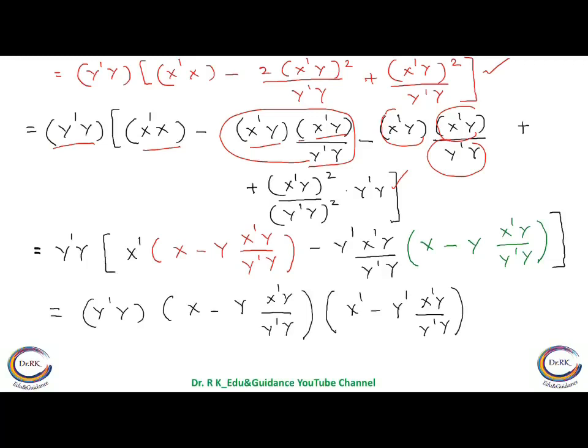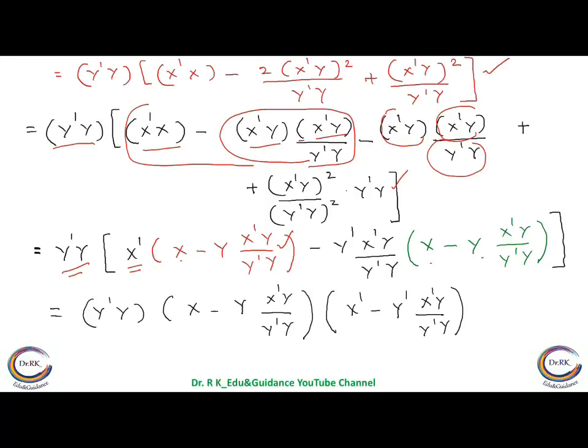Now from these two terms we take x transpose out, so it becomes x minus y times x transpose by y transpose y. Next, from the other term we take x transpose y out, and we get x minus y.